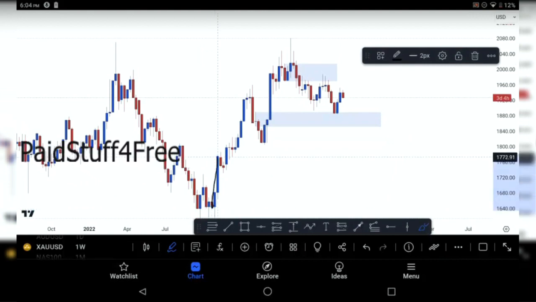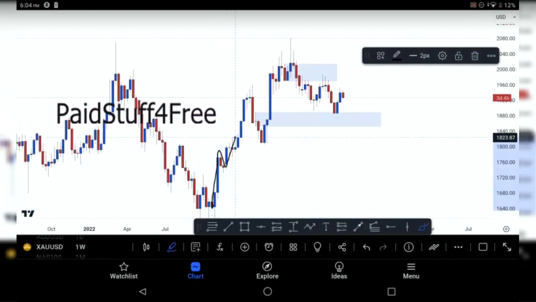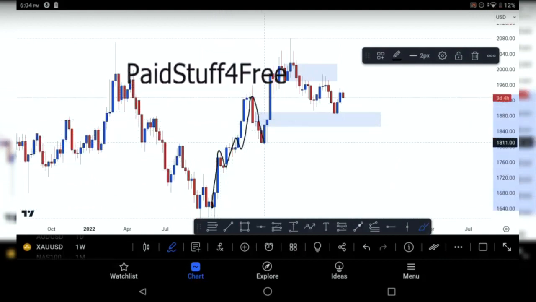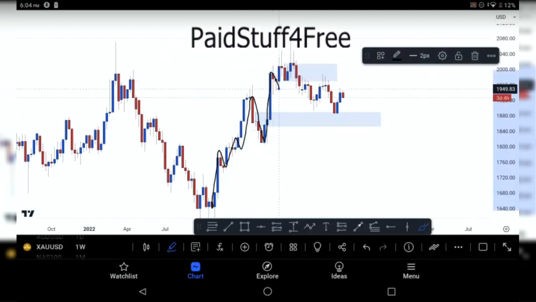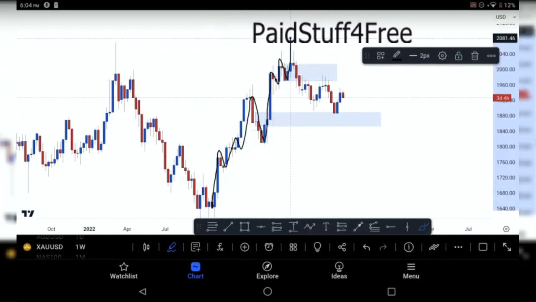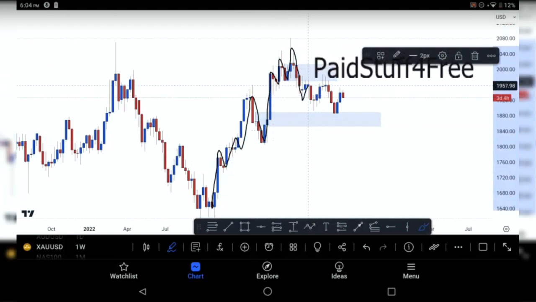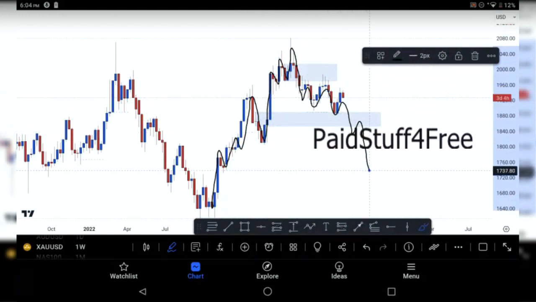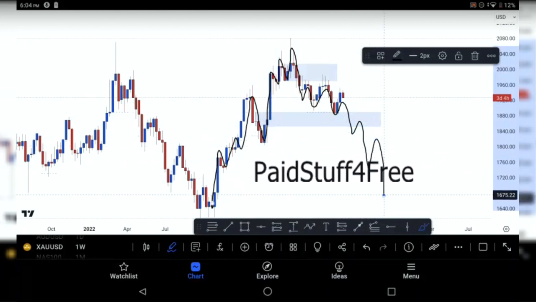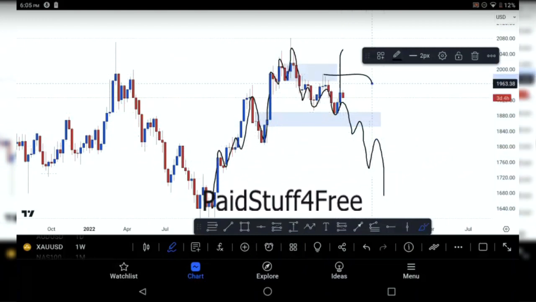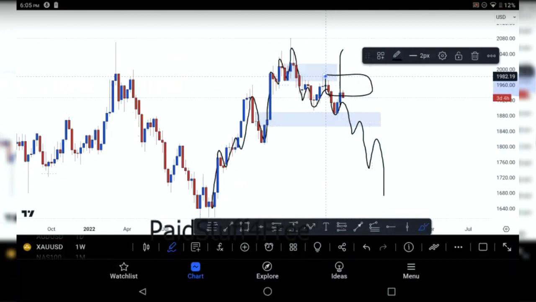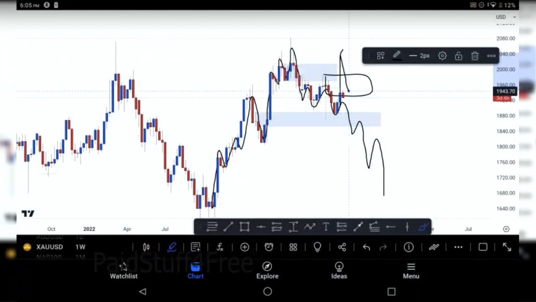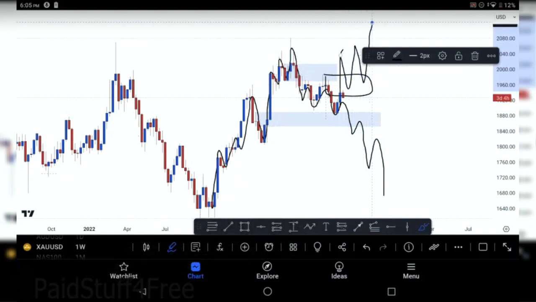Higher low, higher high, higher low, higher high, higher low, higher high, higher low, higher high. A break of structure. Price pullback. We tested this zone. So I'm expecting at least price to actually follow the weekly storyline. Now, if price should break above this weekly engulfing sell zone, weekly would now be bullish.